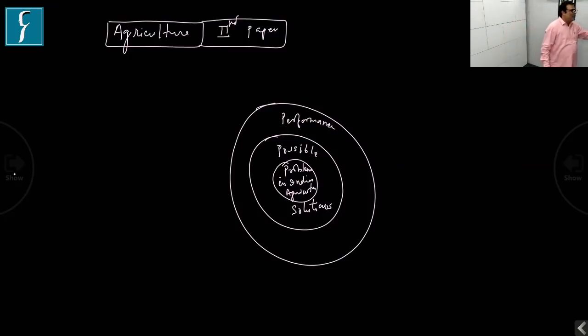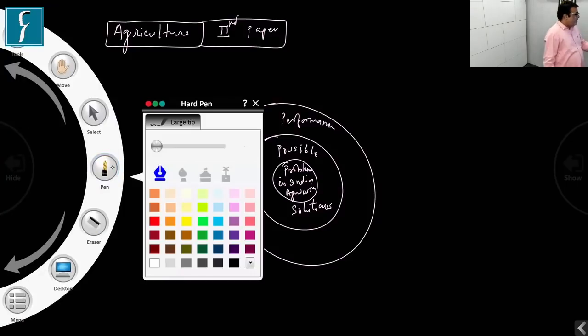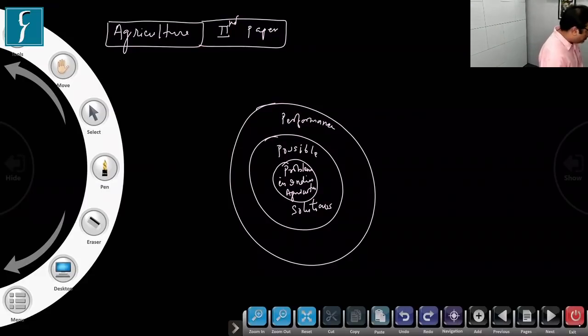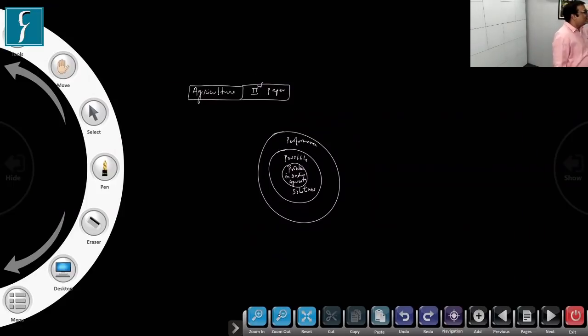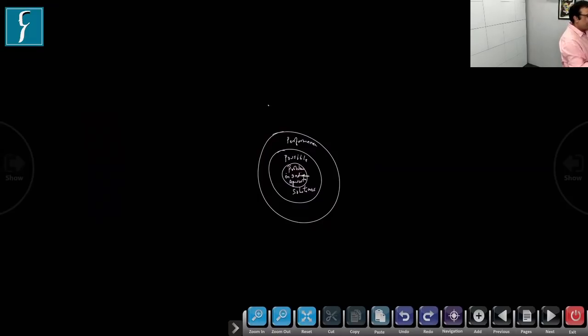I'll show you how. First of all, you see, what is the problem here in agriculture? What is the problem? Number one, the problem is that it is backward. And it asks the question why.